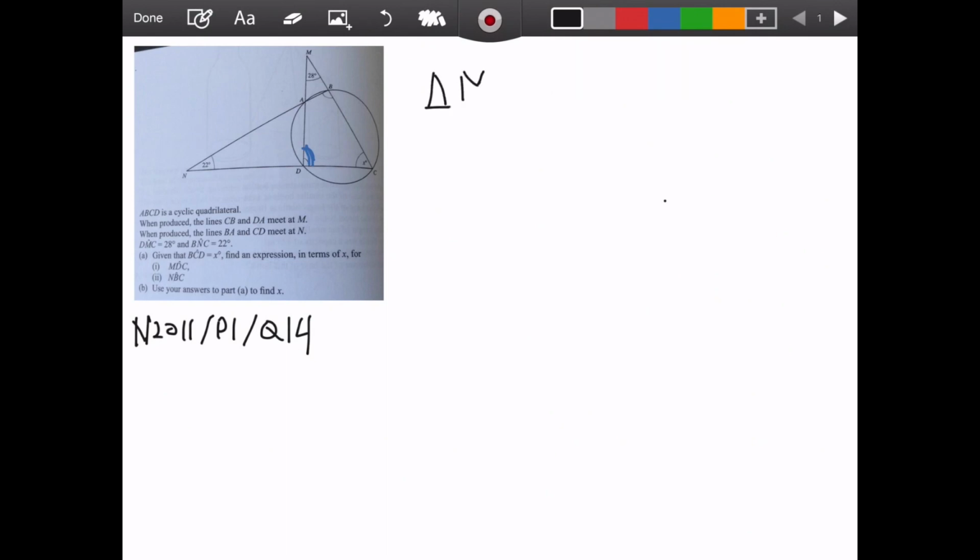If we focus just on that, you will see that the sum of angles in a triangle is 180 degrees, right? So the angle MDC is equal to 180 degrees minus 28 degrees minus x degrees, right?